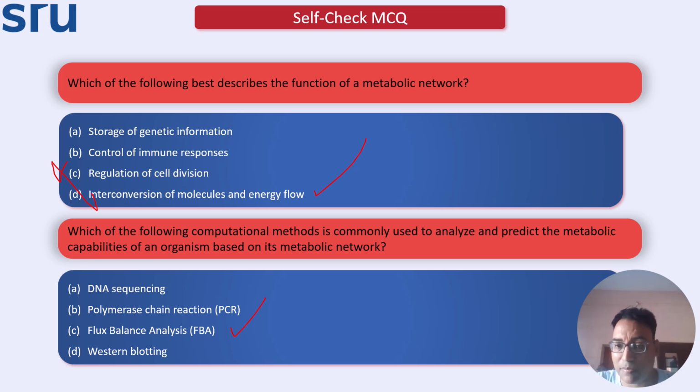Western blotting? No, while the other three are basic molecular biology techniques. The third one allows us to analyze and predict the metabolic capabilities of an organism based on its metabolic network. So this confirms that we are understanding properly.